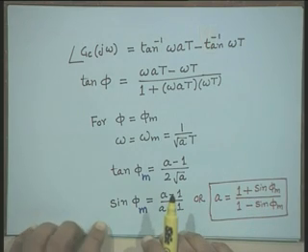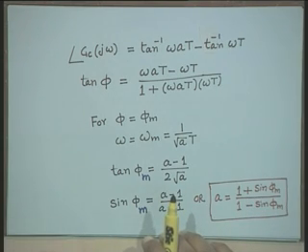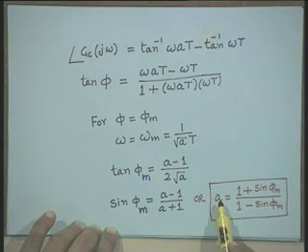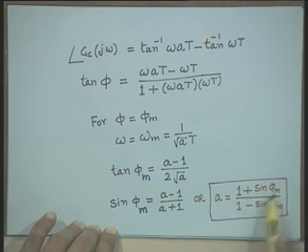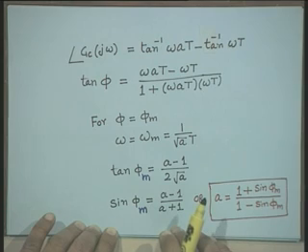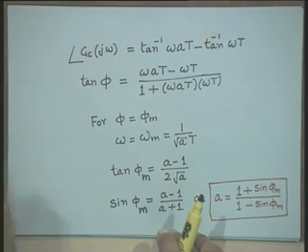That is, if I want this phase compensator to provide a phase shift equal to phi m, then what should be the value of a? The value of a is obtained by the simple formula a equal to 1 plus sin phi m divided by 1 minus sin phi m. These intermediate steps can be easily verified.